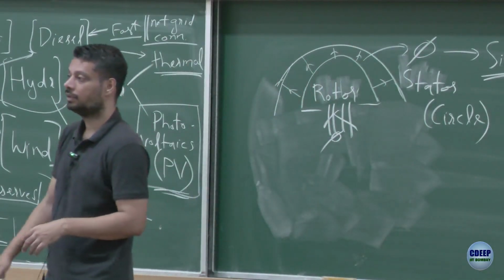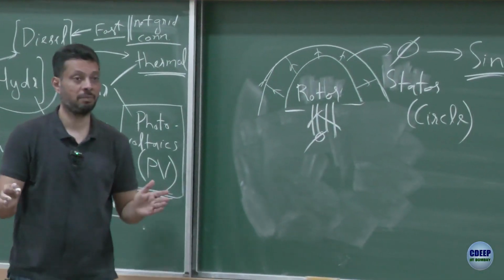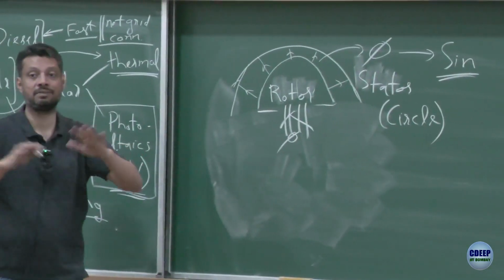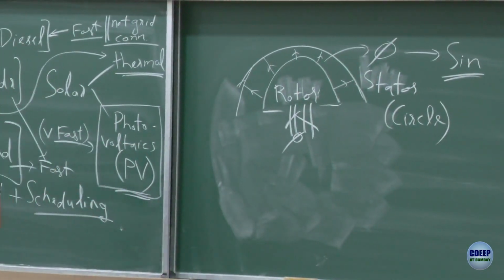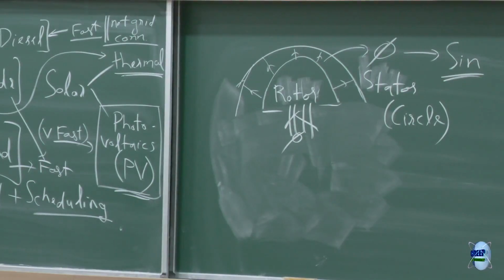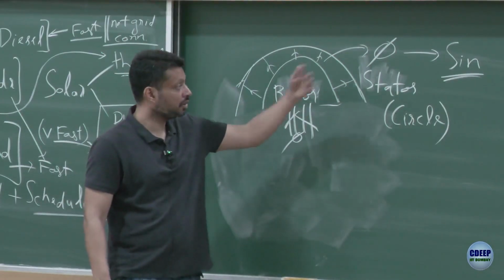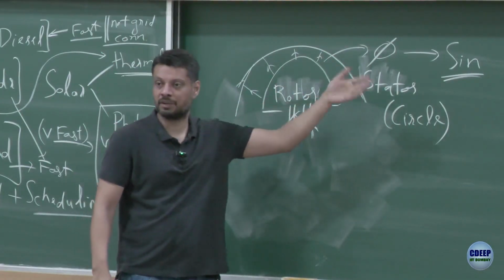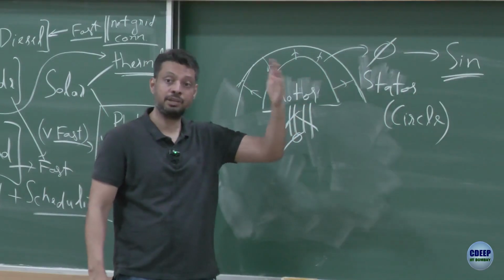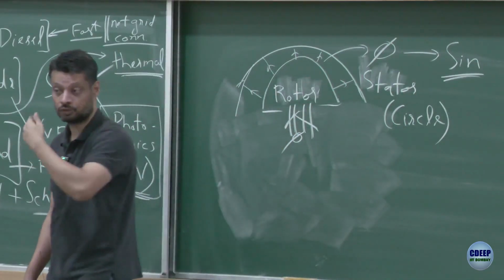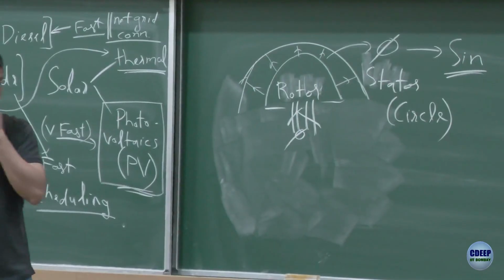sinusoidal. Earlier my flux density was uniform, now I can have a flux density which is sinusoidally distributed in space. Is that fine? Now if I am rotating this, you are doing an integration or a derivative of this flux in one way or the other, and therefore the induced voltage also becomes sinusoidal.